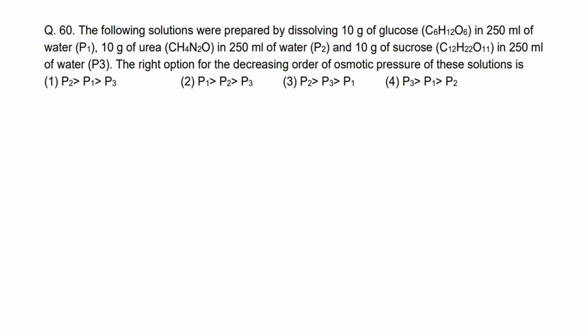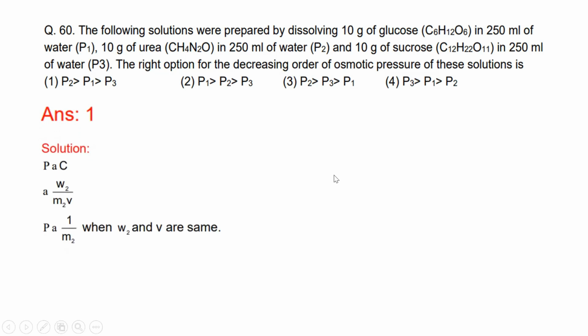Less molar mass, more number of moles, more concentration. More concentration gives you more osmotic pressure. So that means urea is having the least molar mass, and that will give you higher osmotic pressure. So option 1 will be our answer.